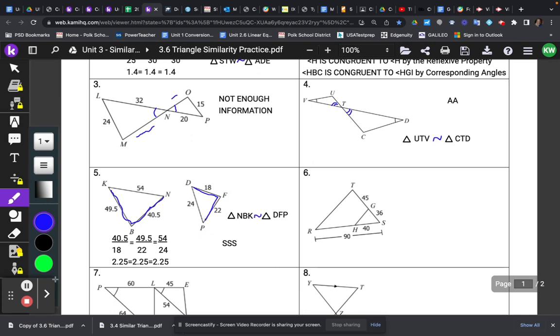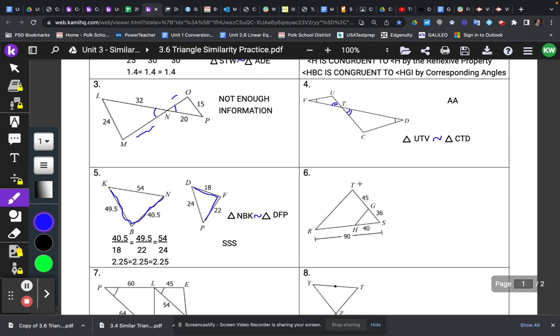Let's try another. Now on this particular triangle, I don't see the parallel lines. So I can't do the triangle proportionality thing. I mean, we could perhaps subtract 90 minus 40 and say between R and H is 50. Now that is true using the segment addition postulate.